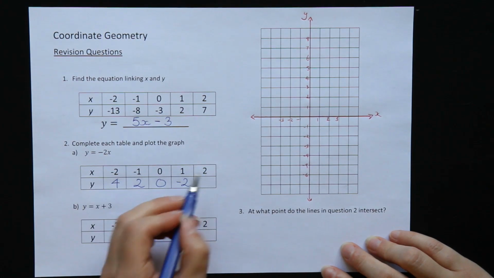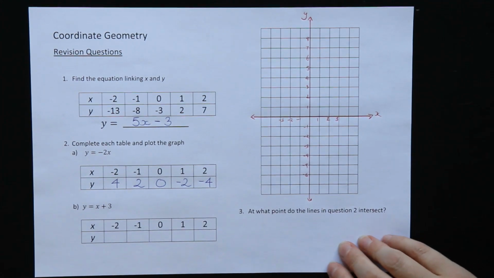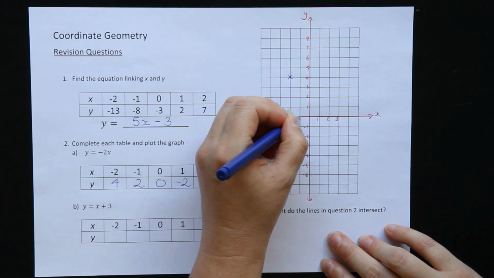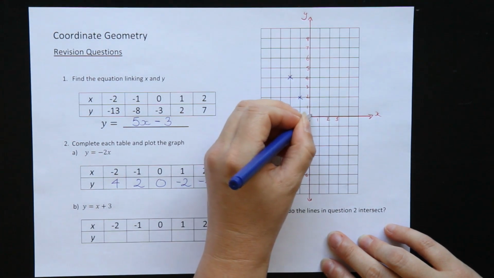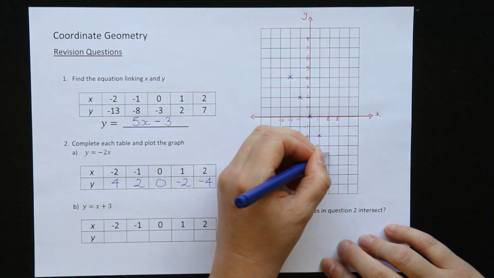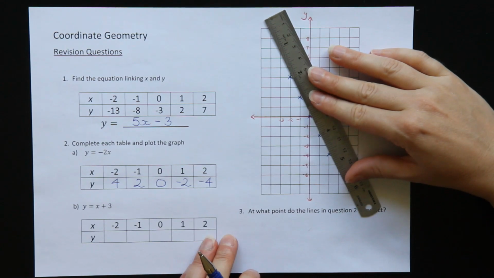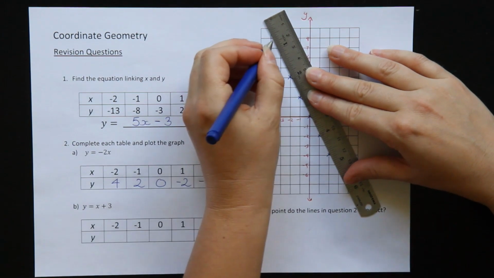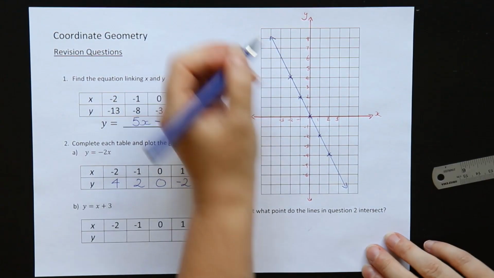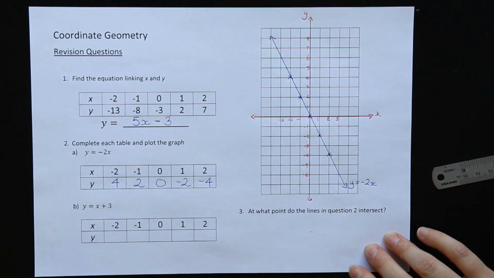Negative 2 times 2 is negative 4. Now to plot that: negative 2, 4; negative 1, 2; 0, 0; 1, negative 2; 2, negative 4. It makes a beautiful straight line, so we can get our ruler. And there it is, y equals minus 2x.